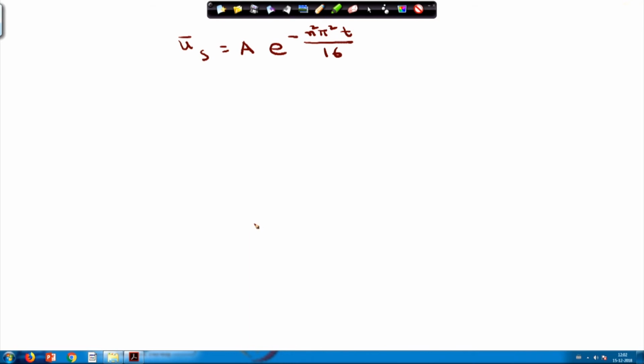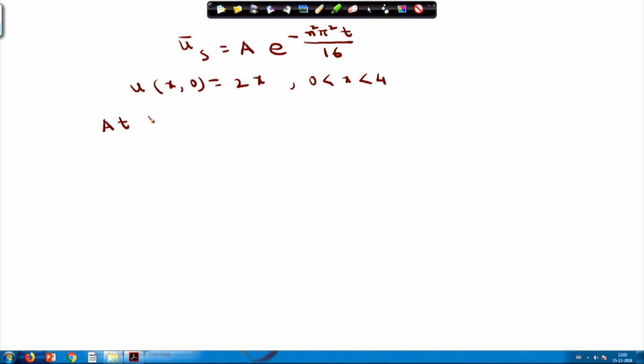Now, my next job is to find the value of this constant a. One more condition has been given to us, that is u(x, 0) equals 2x, where x lies between 0 to 4.